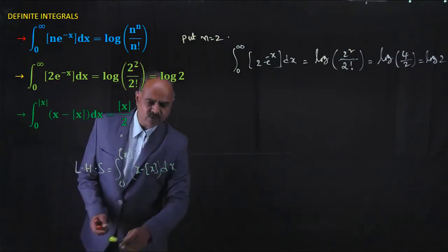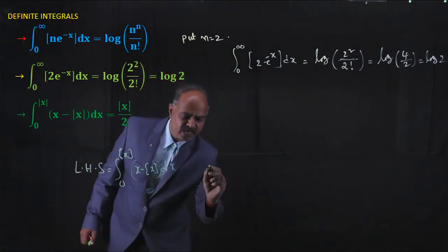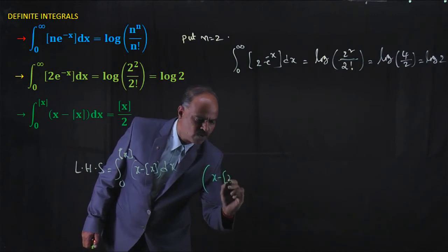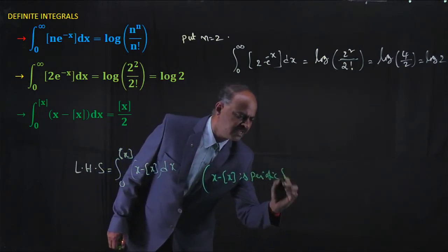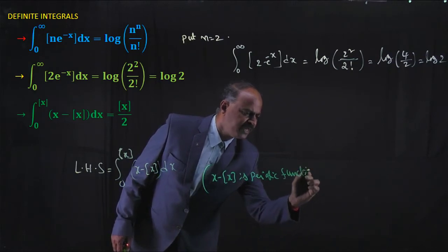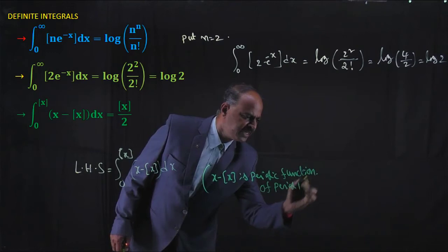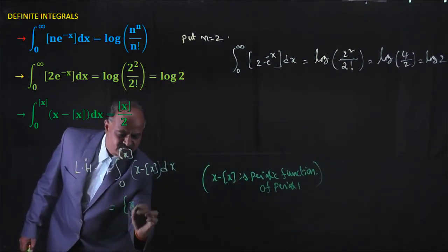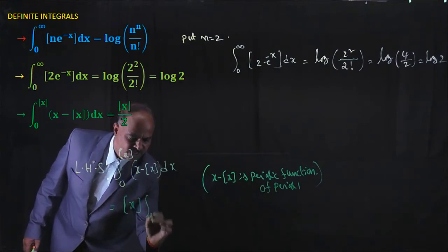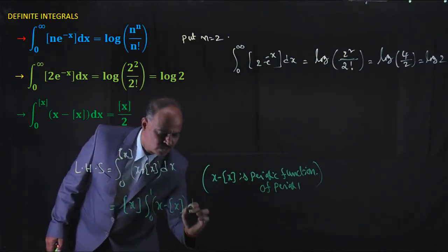Now, since x minus floor x is a periodic function of period 1, this can be written as floor x into integral 0 to 1 of x minus floor x dx.